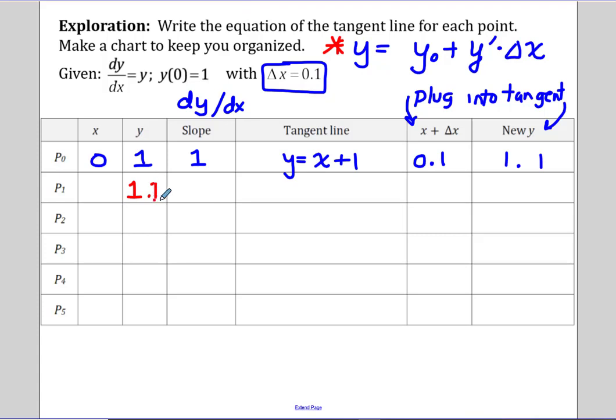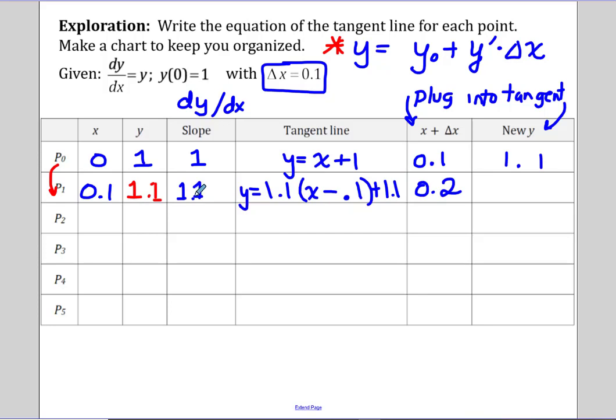Okay? So like they said, we're going to go up on our x's by 1/10. So we'd go up 1/10. And the slope is the y value, which is 1.1. So we've gone up 1/10, and now we've gone up another 1/10. So the easy way, I know this is kind of complicated to write the tangent line each time, but if you do, you're writing the slope, which is 1.1, times x minus the x value, which is 0.1, plus the y value, 1.1.